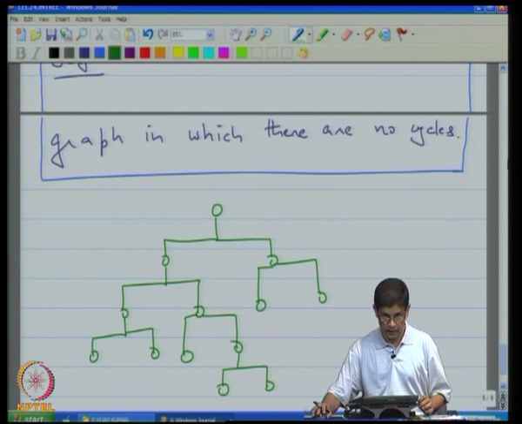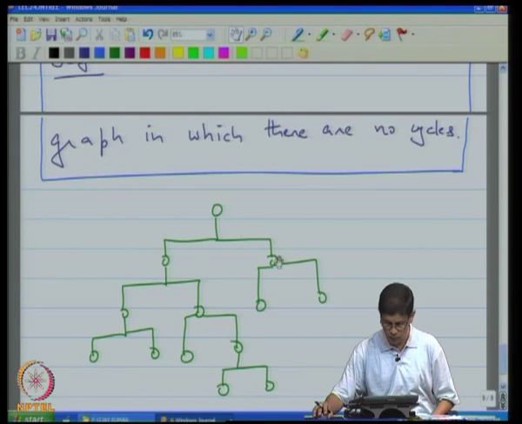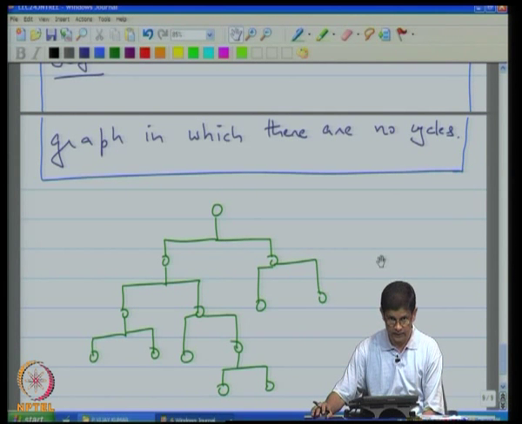These are nodes and these are the edges, and you can see that it is connected, in the sense that by traversing a sequence of edges you can go from any node in this graph to any other node.